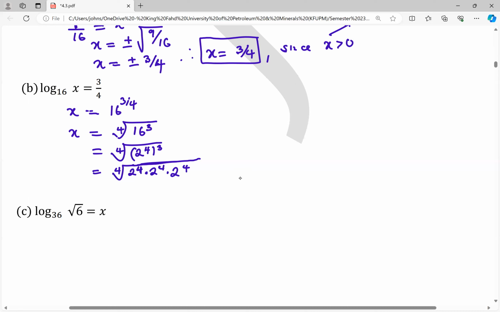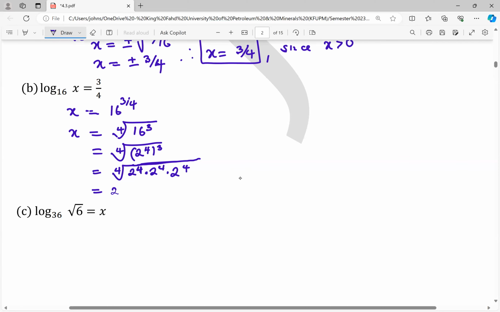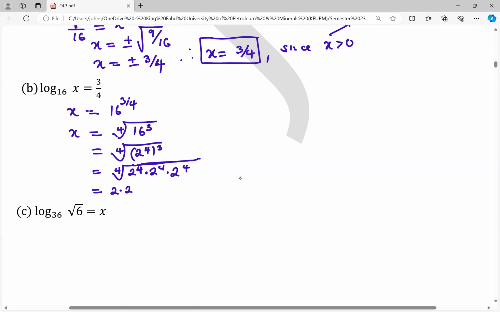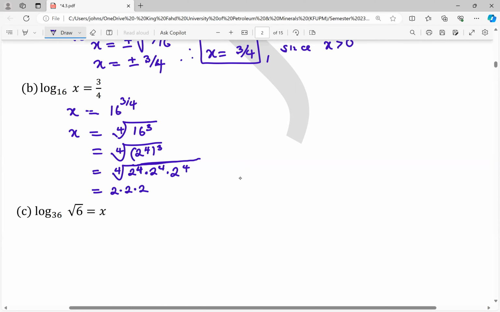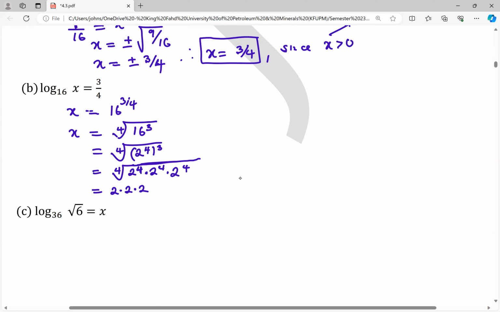So if you want to take the fourth root, what does that mean here? It means 2 can come out. Also, 2 can come out. And then also 2 can come out because the power there is 4, right? So you don't need to have any.